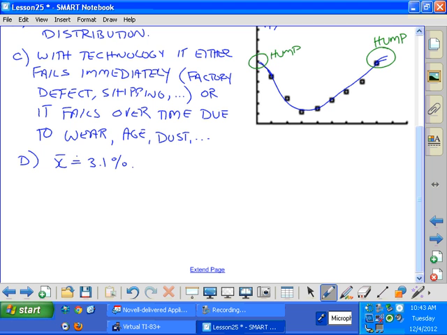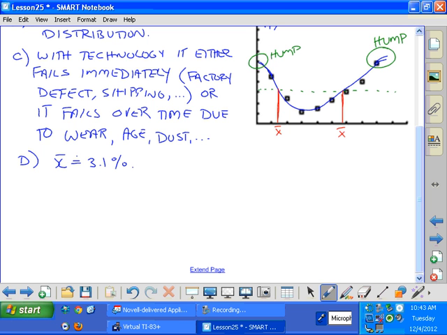So when I go back to my graph here, 3.1%, if each of these on the scale represents a 1, so 1, 2, 3, roughly here, that's the 3.1%. So we find that the mean could be located here, or could be located over here.